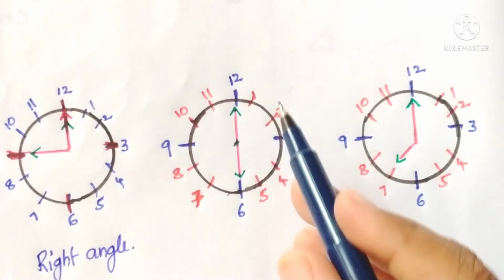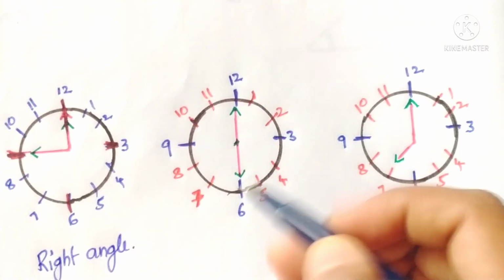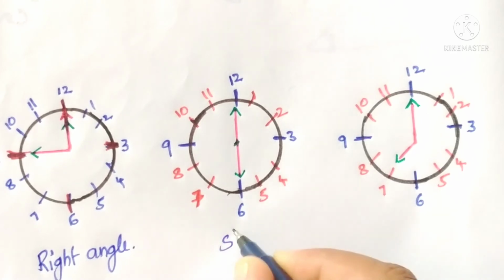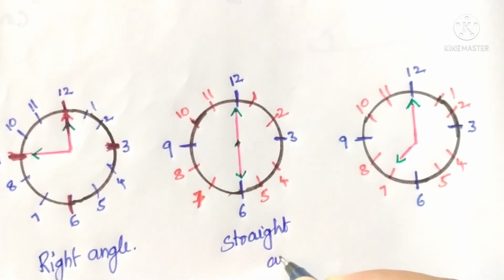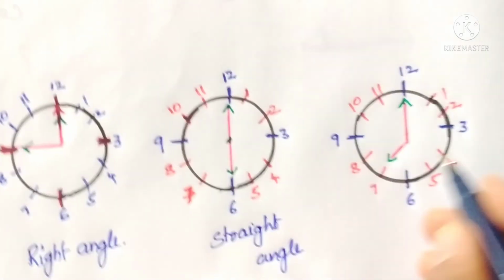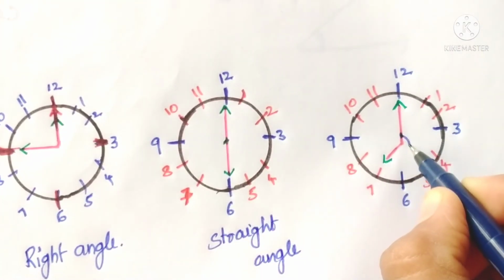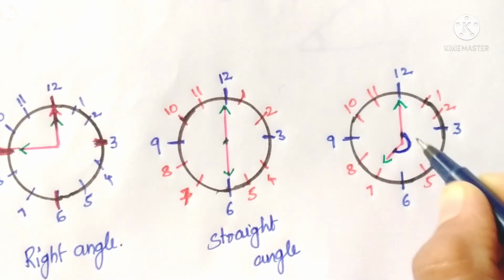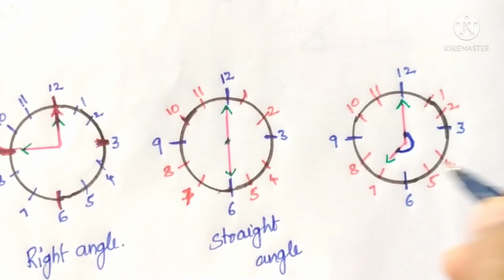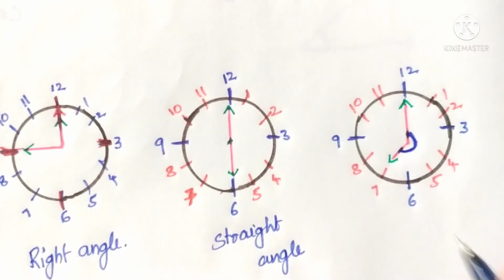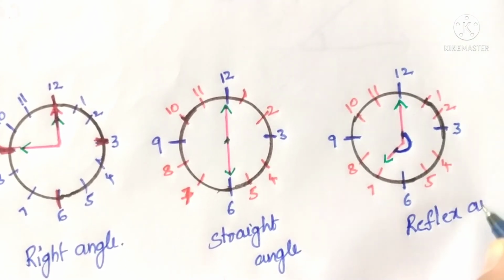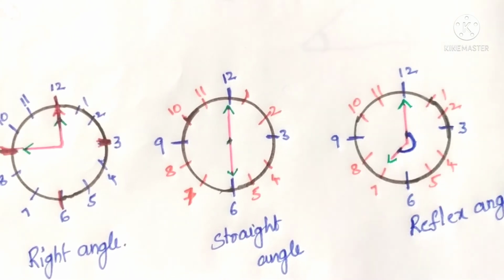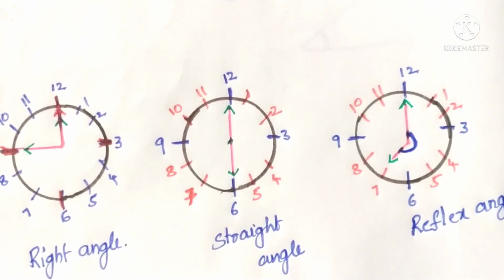Next, at 6 o'clock, it is a straight angle, 180 degrees. Next, see, this is the angle, right? This is greater than 180, so it is a reflex angle, or reflexive also you can write. So this is a reflex angle.